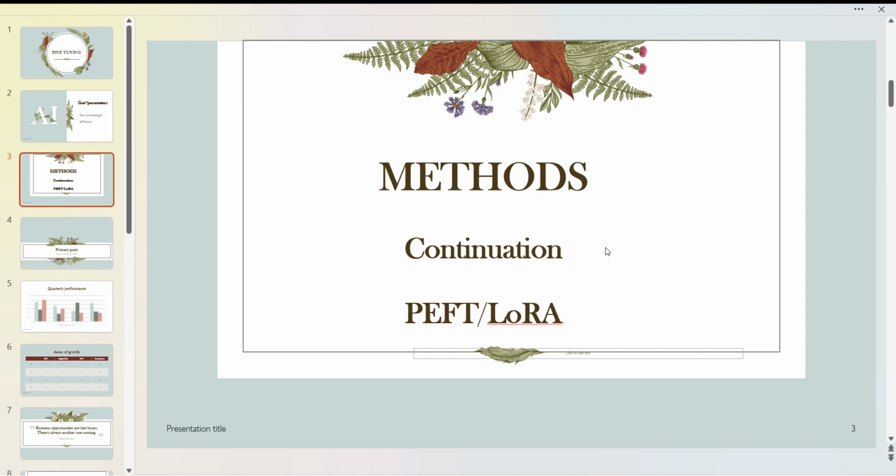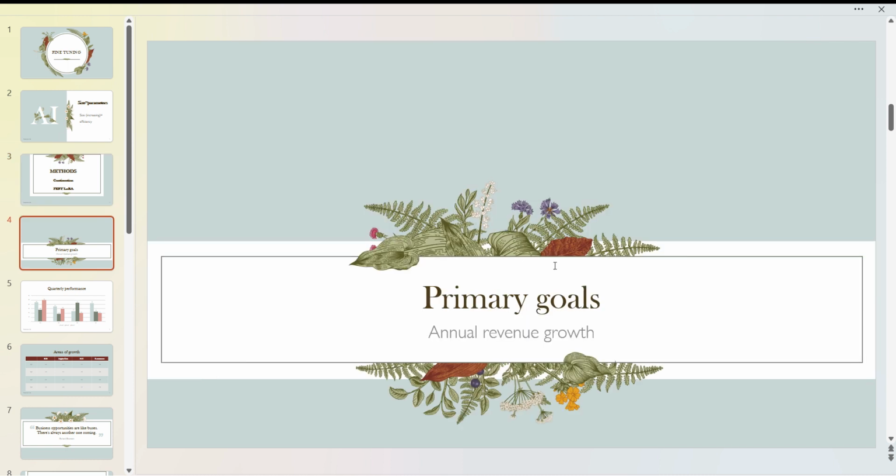Continuation is not recommended. I'm just repeating once again: continuation means that we continue the training of the model by including more data sets, all the data sets available regarding the matter. This is known as continuation, but it is very costly.